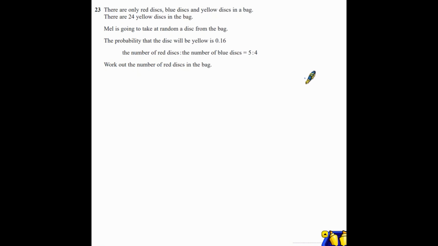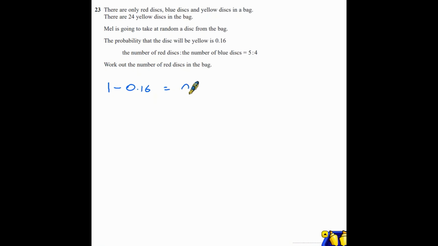As I said, a few ways to do this. I'll do it one way. Hopefully it will make sense. So first of all, probability. If the probability that the disc Mel takes out is yellow is 0.16, then the probability she's going to take a disc at all is 1, take away the probability that it's yellow, 0.16.